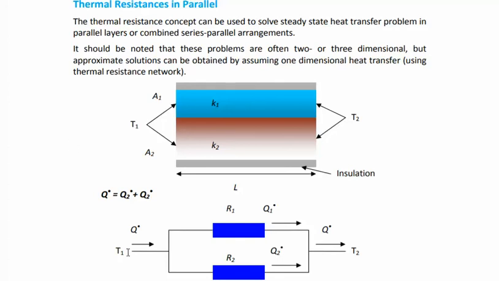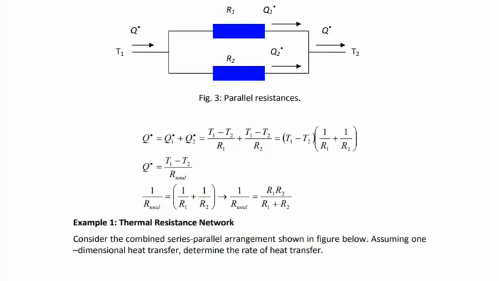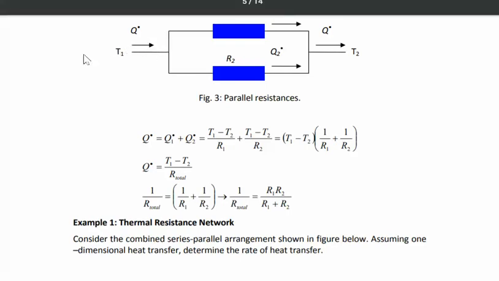Here you can see that heat at the temperature T1 is entering the network, where we have a resistance 1 and a resistance 2, which imply the heats Q1 and Q2, and combined it will transfer with the heat Q at the temperature T2.